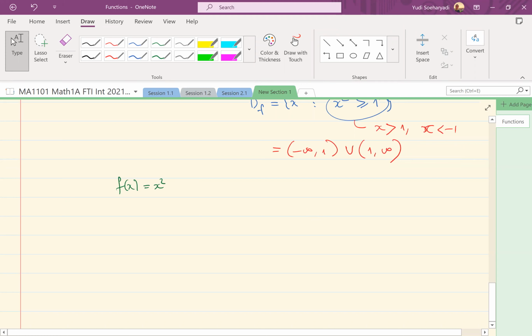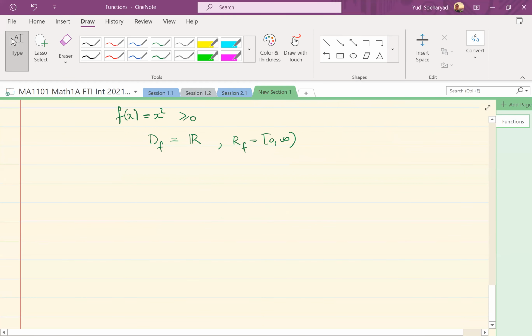Okay, so everything's non-negative. So now what we determined earlier, that the domain is the whole real numbers, and the range is just this. Okay, any questions? All right.